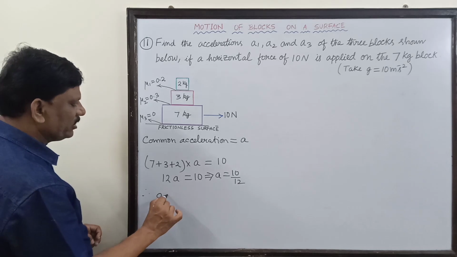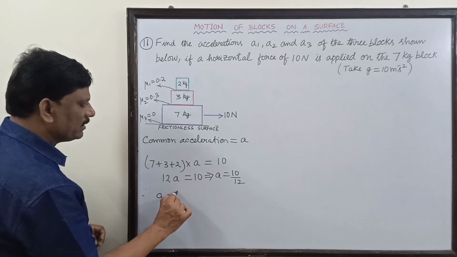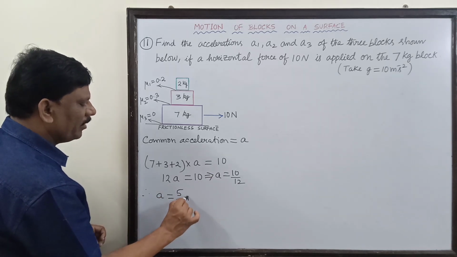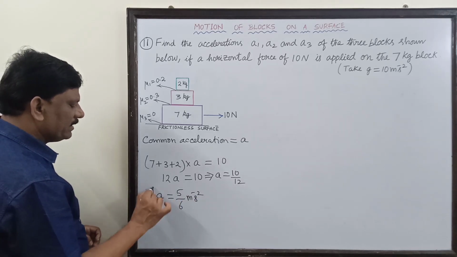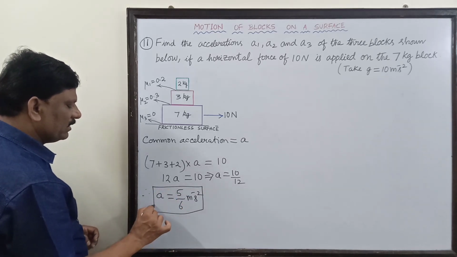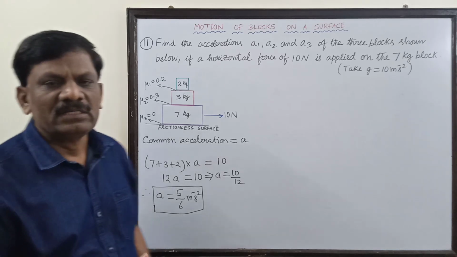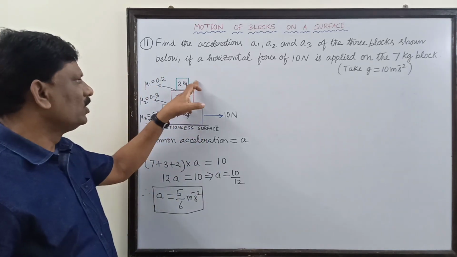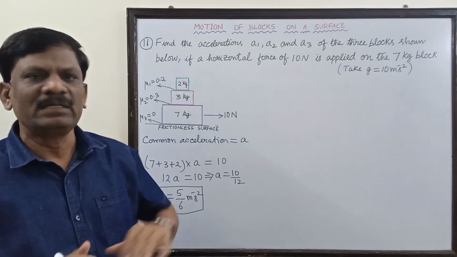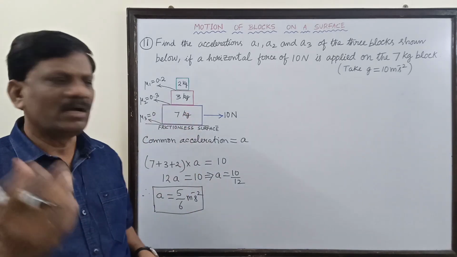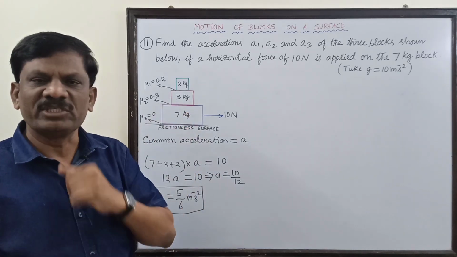Therefore, the acceleration is 5 by 6 meter per second square. This is the common acceleration, if the 2 kg mass and 3 kg mass are not slipping over the blocks. Then all the three must have the same acceleration, is it not?